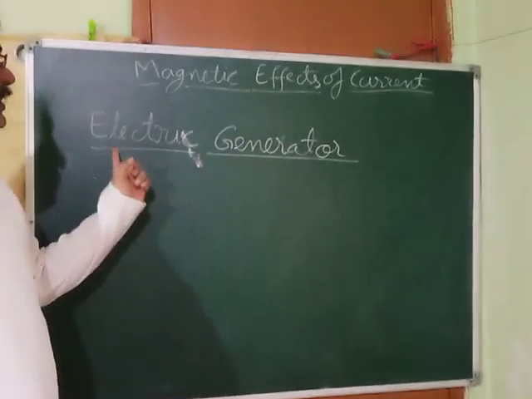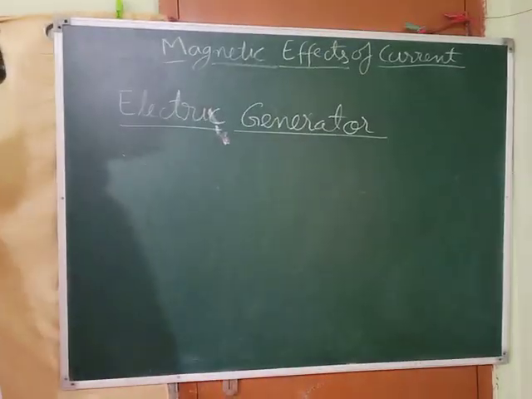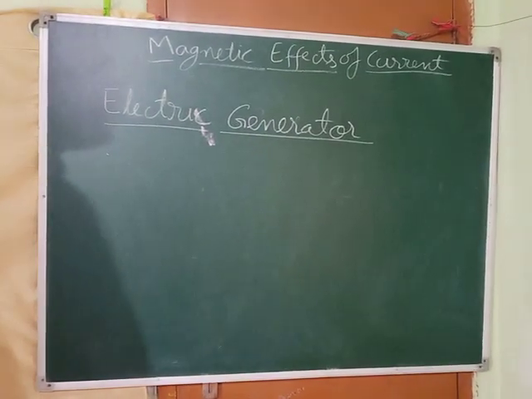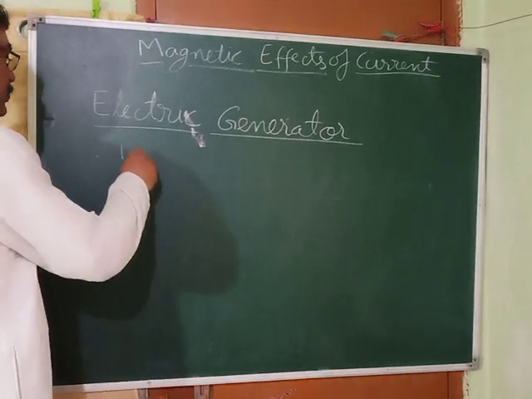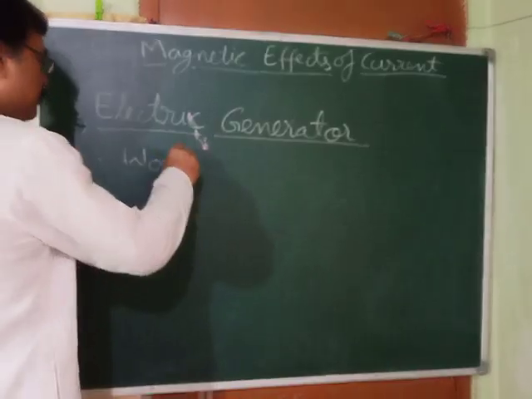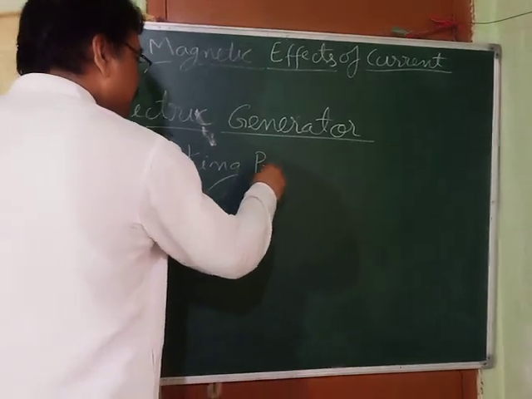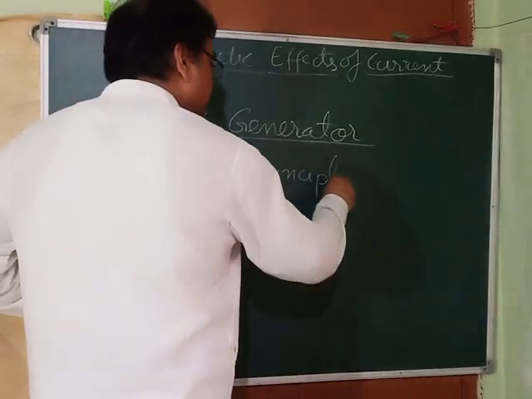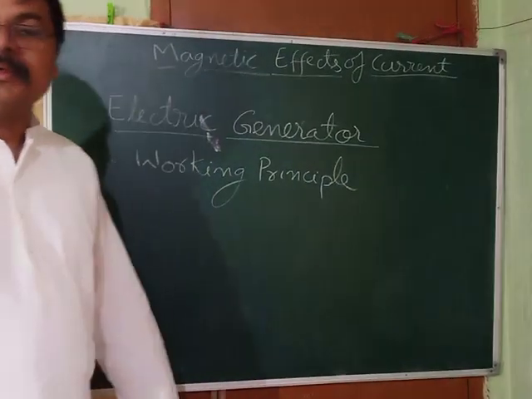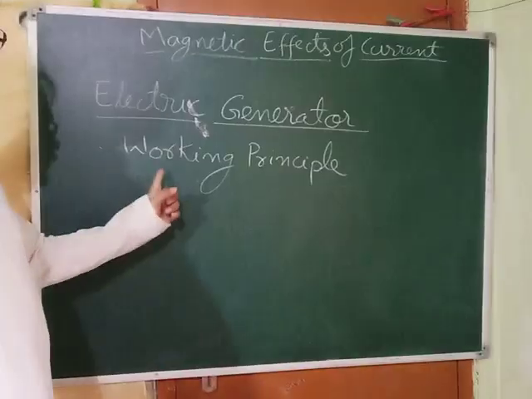So our next heading is electric generator. Note down the heading first. Noted. Then we have to write working principle. Written working principle.